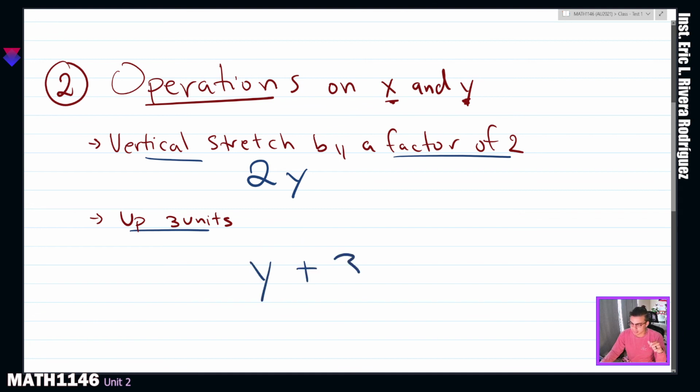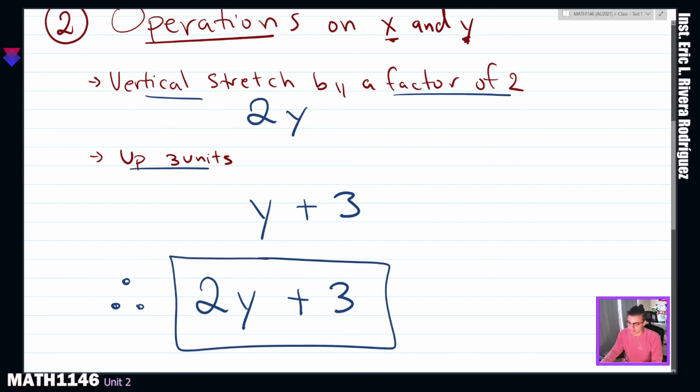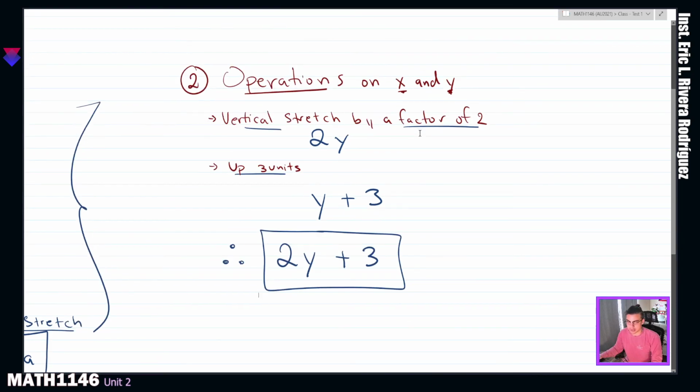These are the operations that happen on the y coordinate, but we need to combine both. All the vertical operations are going to be combined. Hence, this is the equation that you are going to use to get the new y coordinates. And this is the final answer for step number 2: 2y plus 3. Any question on this one?